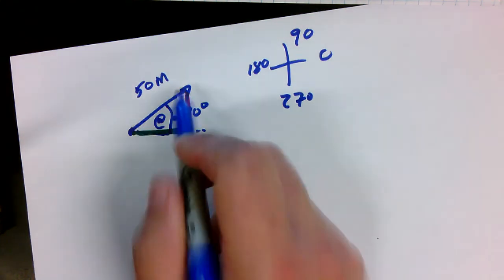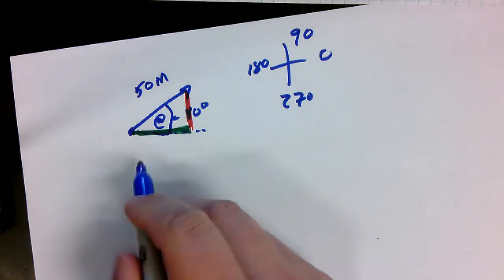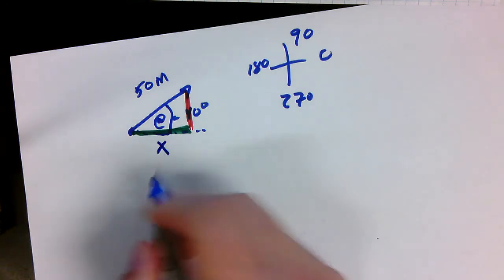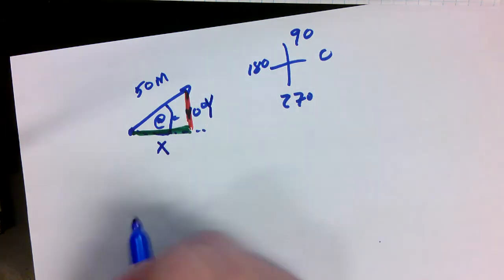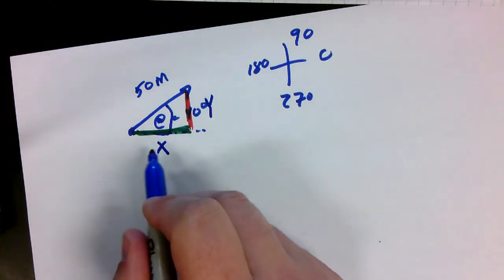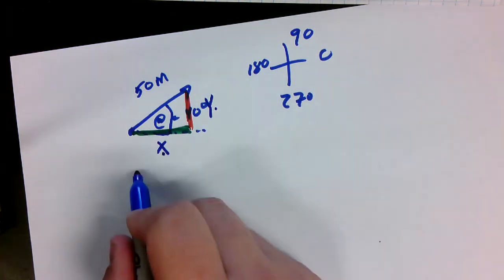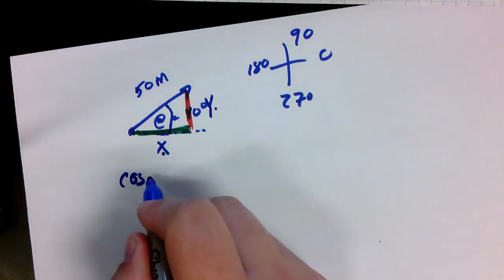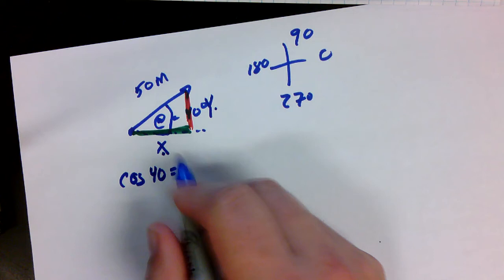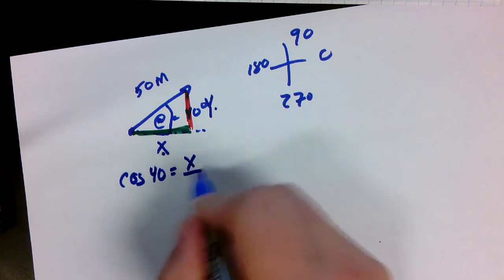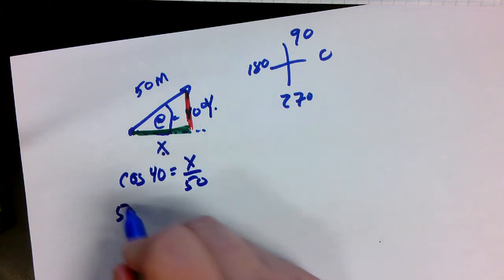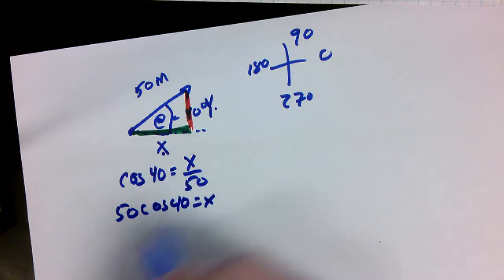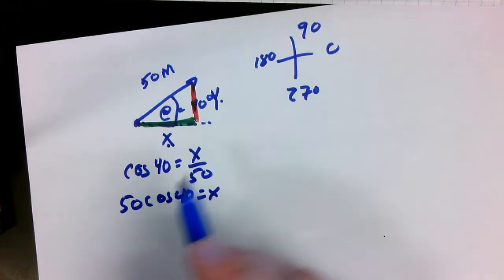So if we know the hypotenuse and I wanted to find the adjacent side, that's a cosine function. So to find the length of this side and to find the length of this side, I would have to use cosine and sine. So the cosine of 40 is equal to the adjacent x over 50. And so 50 cosine 40 is equal to x. And then the same thing happens for y.